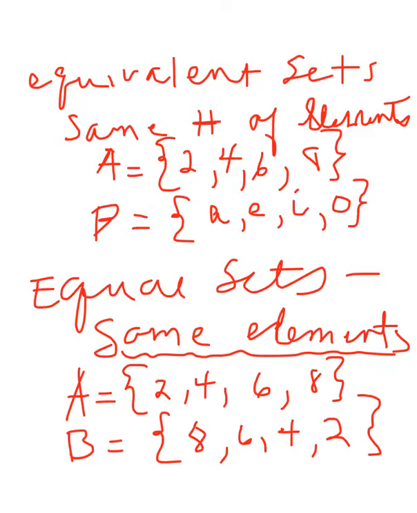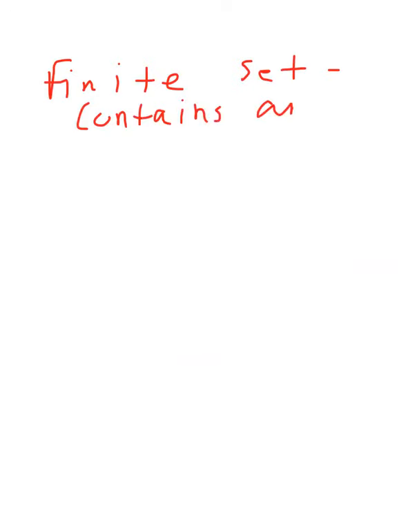Next, guys, we need to define the difference between a finite set and an infinite set. It's just like what it sounds. A finite set contains a definite number of elements, an exact number of elements.